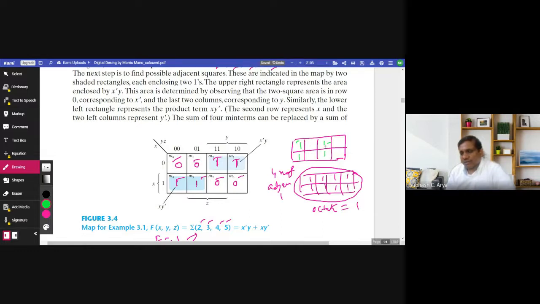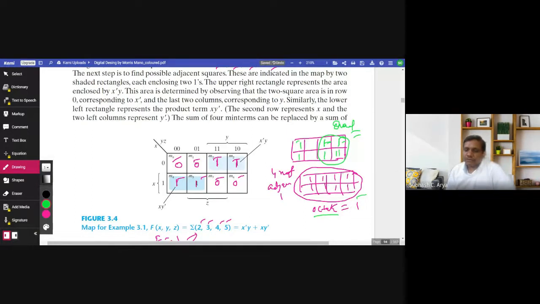However, these two ones are adjacent. If I write here 1 and 1, then it is easily visible that they are adjacent. So we can make a group of 4 ones. That is called a quad. So first we see whether there is a possibility of making an octet. If yes, make a group of 8 ones and just give f equal to 1.